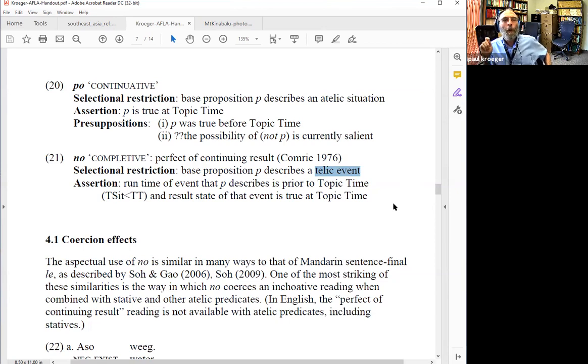All right, so what I'm saying about no is that it describes a past event which has current relevance, in Comrie's terms. That's his general definition of perfect, but specifically it's a past event that had a result which is still currently true. The result state is true at topic time.